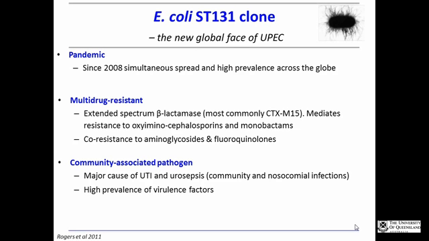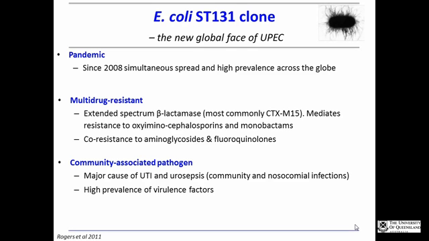This clone is generally multidrug resistant. It was first identified due to its association with an extended spectrum beta-lactamase, most commonly the CTX-M-15 type, which mediates resistance to oxyiminocephalosporins and monobactams. Many of the ST131 strains are also co-resistant to aminoglycosides and fluoroquinolones.